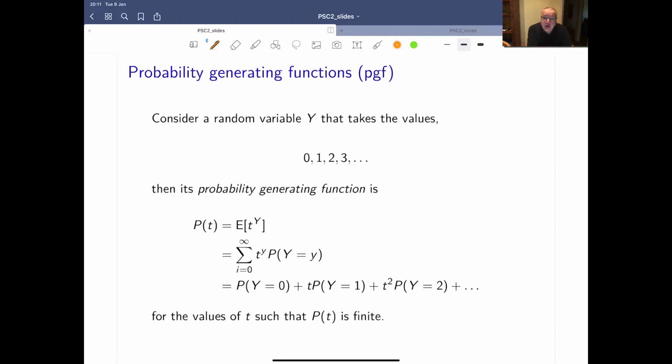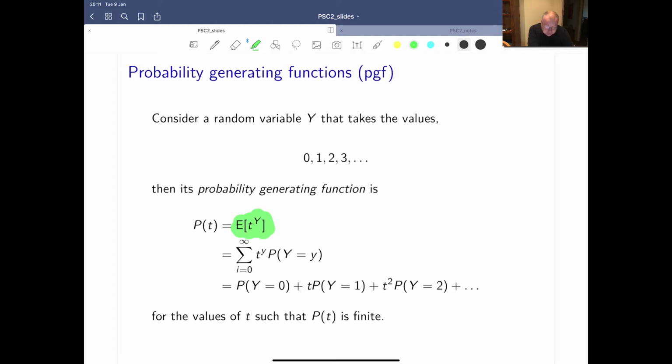First of all, our random variable has to take the values 0, 1, 2, 3, so basically it needs non-negative values. And the probability generating function this time is defined as the expected value of t to the y. This is quite nice.